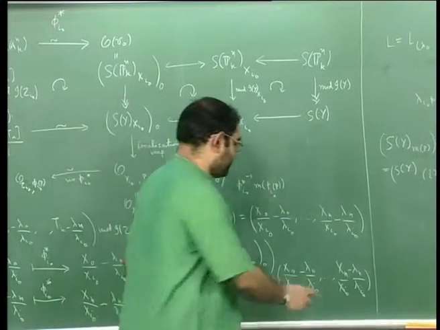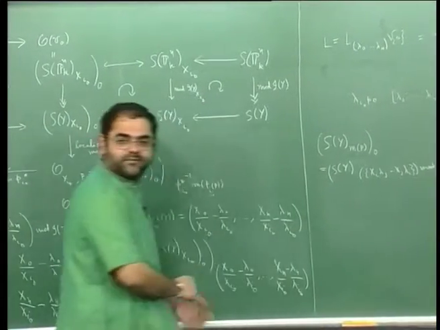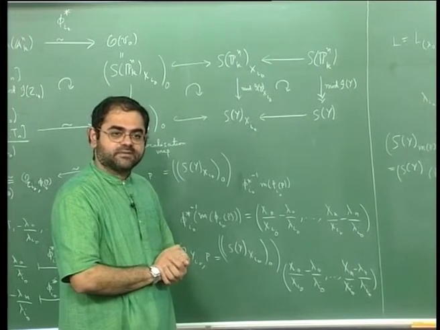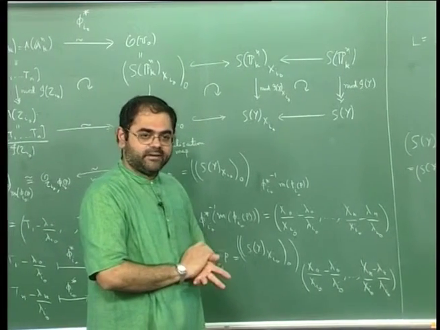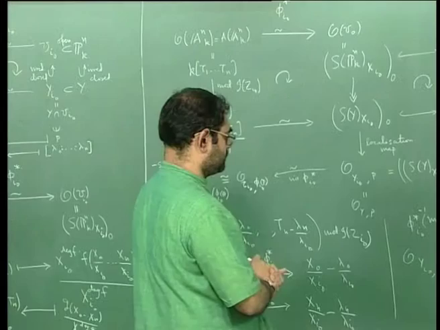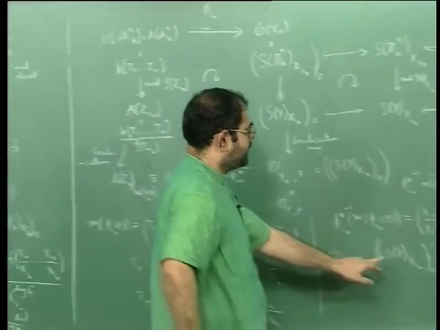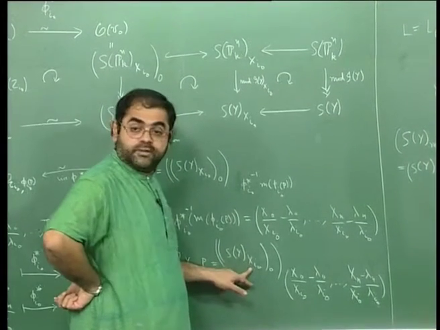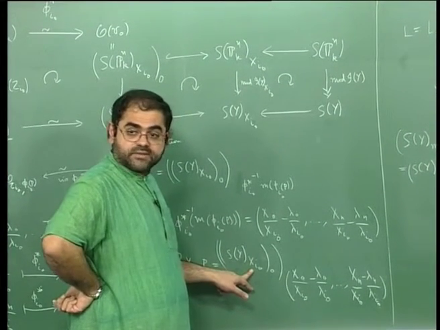So I am claiming that these two are the same, okay. You have to just satisfy yourself that that is true. It's a purely commutative algebraic thing. What you must understand is in sy localized at xi naught, xi naught is a unit, mind you, xi naught is invertible.